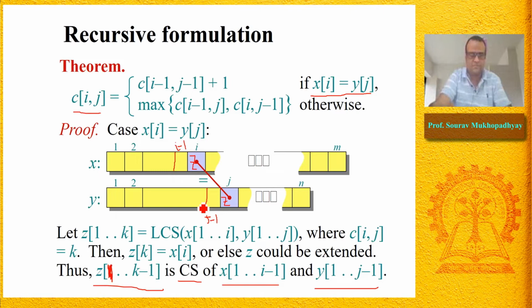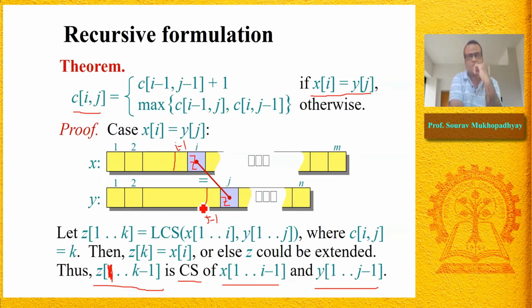Why? So we can begin by assuming that up to i minus 1 and j minus 1 it is the longest common subsequence. Then when we come to the ith and jth element, if they're equal, we're adding 1, because that means the longest common subsequence includes that element.